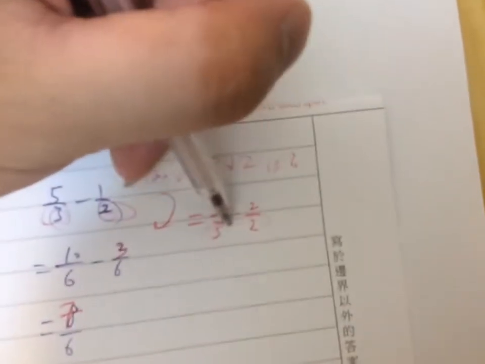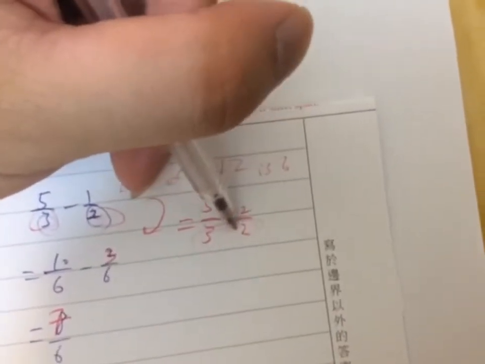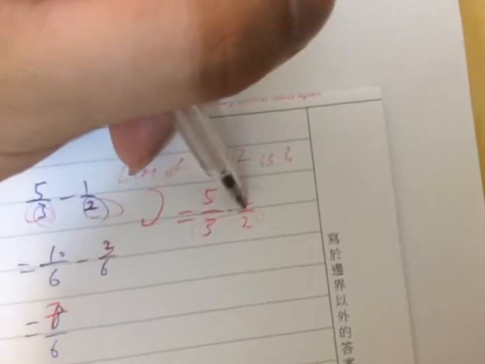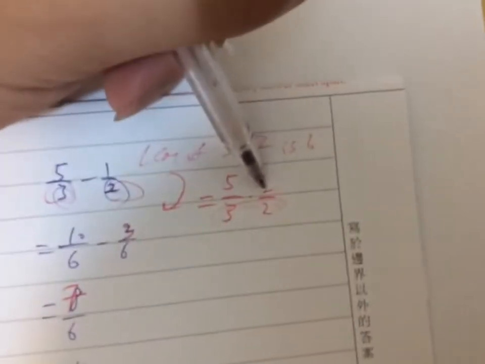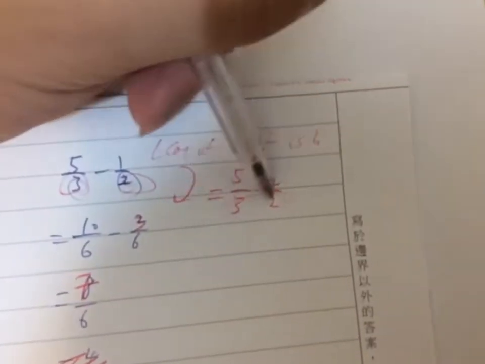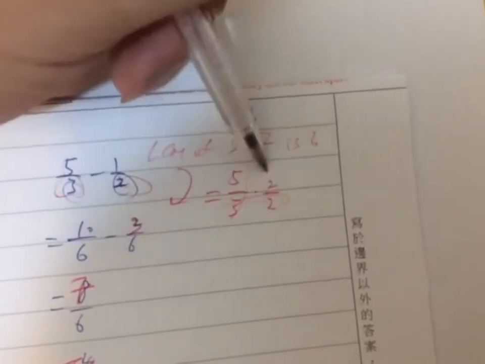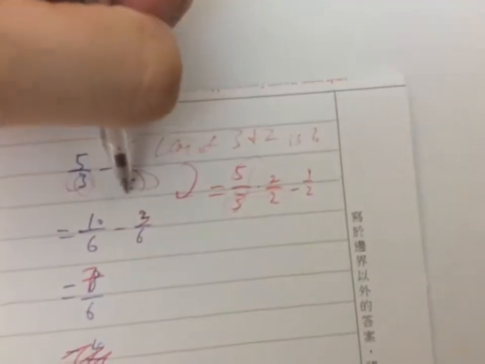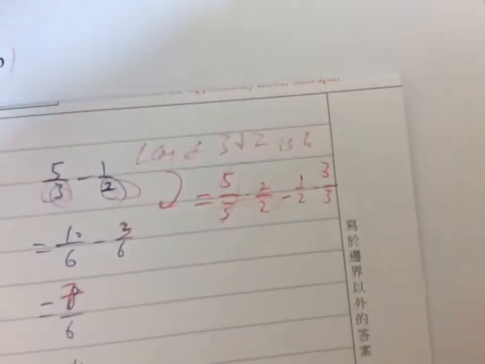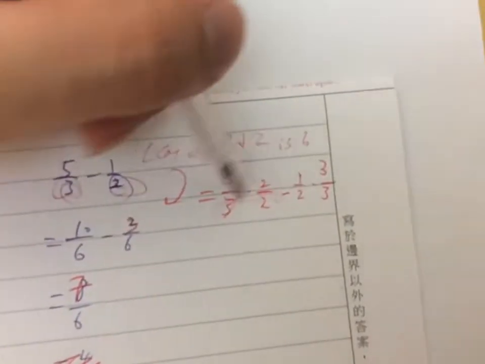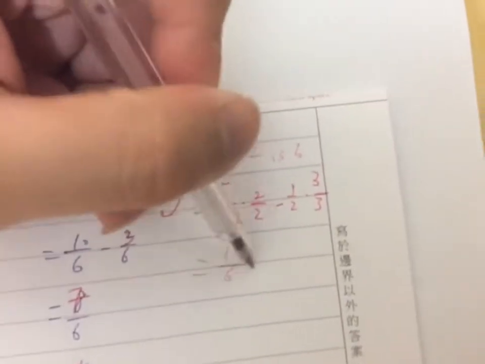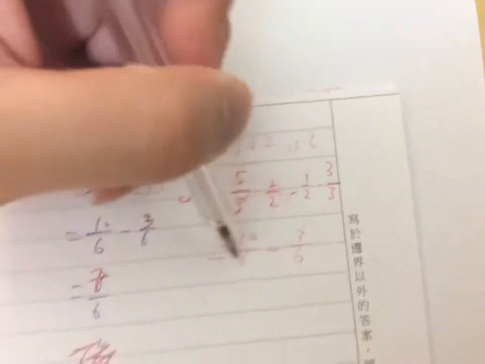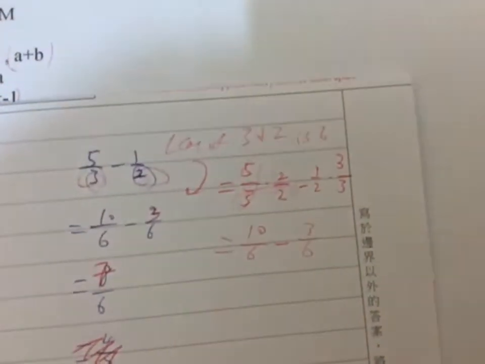If I multiply the denominator by 2, the numerator you also need to multiply by 2, because if not, the value of this fraction will change. 2 and 2 can cancel out, it is a 1. And for 1 over 2, you have to make it 6, so you multiply 3 in the numerator and denominator, and then 10 over 6 minus 3 over 6, and then you will get this result here. This one is the same fraction.